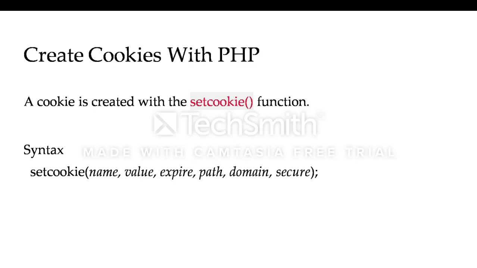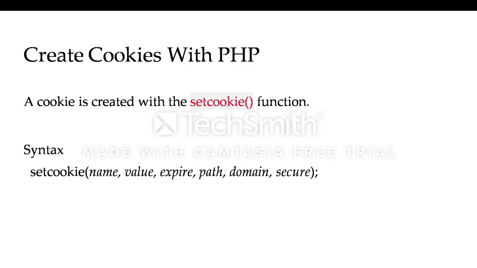There are 6 parameters in the setcookie function: name, value, expire, path, domain and security. The last 4 parameters, expire, path, domain and security, are optional, and the first two parameters, name and value, are mandatory.